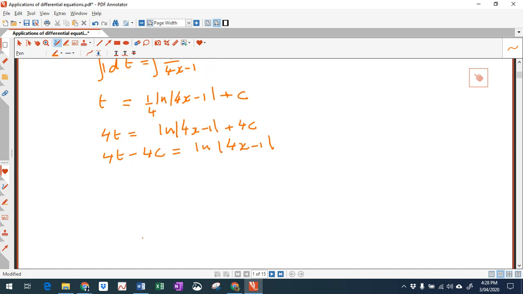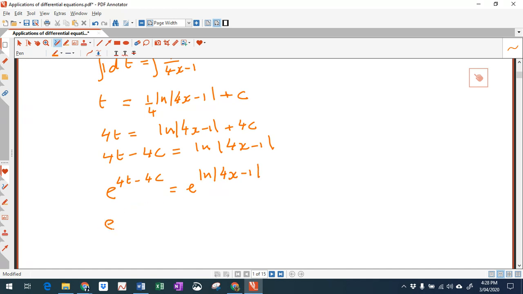Now, if I apply the exponential function to both sides, we're going to go e to the 4t minus 4c is equal to e to the log of the absolute value of 4x minus 1.